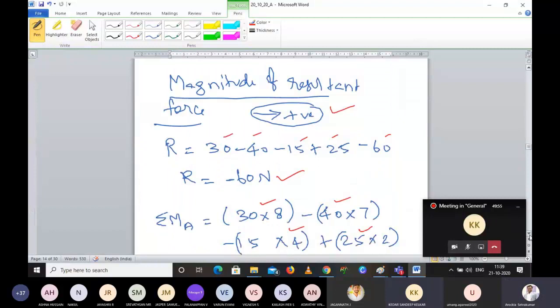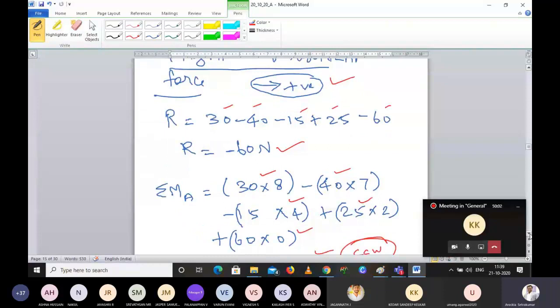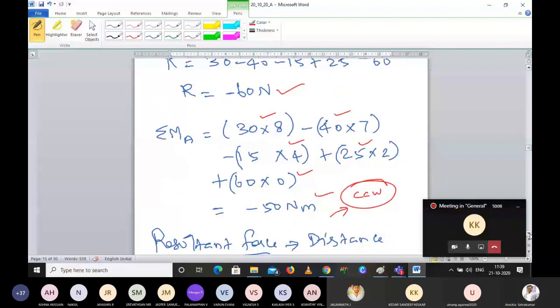You got the answer as 60 Newton, as our friend said, and then we got minus 50 Newton meter. Is it correct? Whether you got the same value? Yes, sir. So because this is minus, it is counterclockwise. Okay.